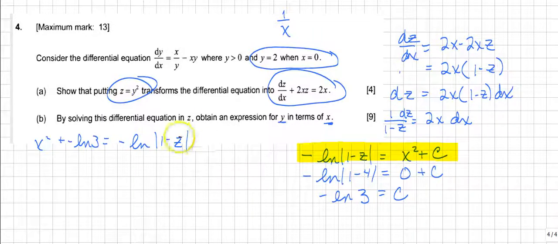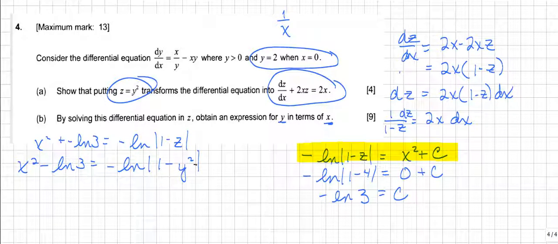So we have to go back and do our substitution again. For z, z is y squared, so we have x squared. I'll clean this up a little bit. Minus ln 3 equals negative ln 1 minus z, so that'd be 1 minus y squared. Okay, solve for y.